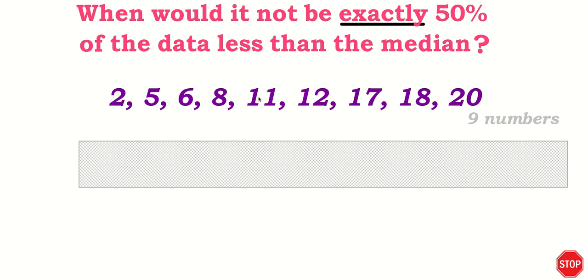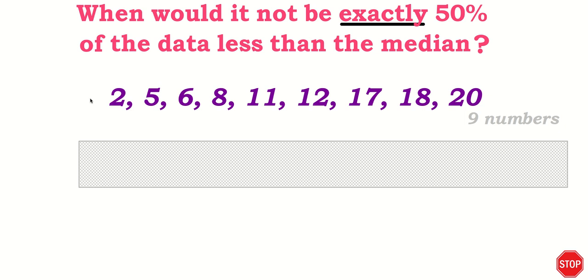So if you were to ask what percent of the data is greater than the median, well, it's 4 out of the 9. That's not 50%. It's close to 50%, but it's definitely not exactly 50%.